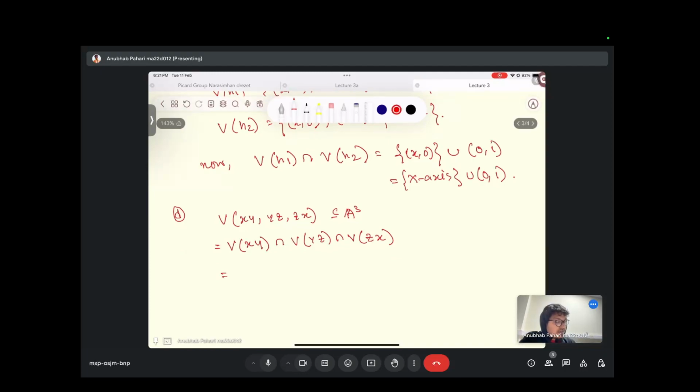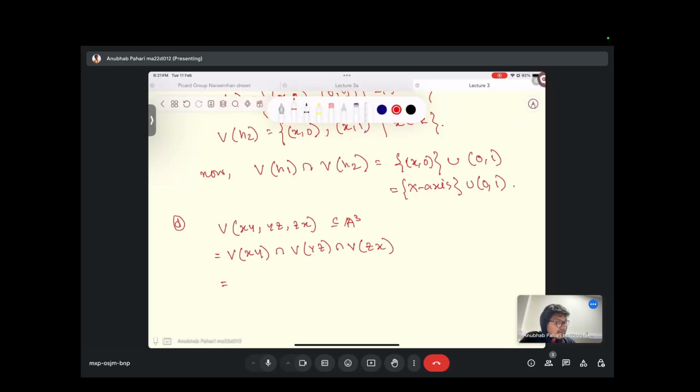Then you will see that this means (0, y, z) or (x, 0, z), intersection (x, 0, z) or (x, y, 0), intersection (x, 0, z) or (0, y, z), or (x, y, 0).